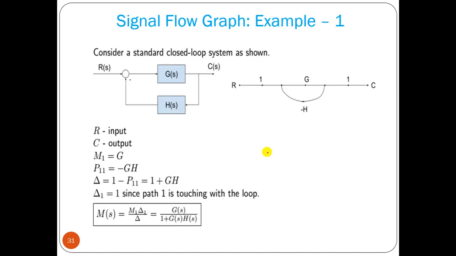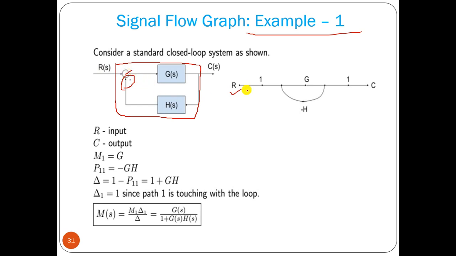Now let us take one simple example, to start with a simple negative feedback block diagram. R is your input signal. We have this node, that is your summer.